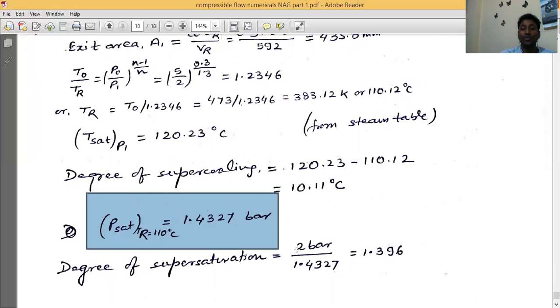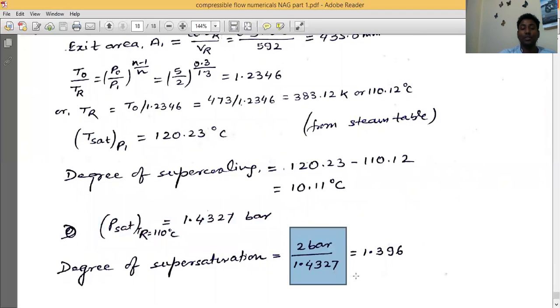So the actual exit pressure and the corresponding saturation pressure at the exit temperature in the case of supersaturation flow, by taking the ratio between these two, will give the degree of supersaturation. So in this way, we have learned how to calculate the degree of supercooling and how to calculate the degree of supersaturation.